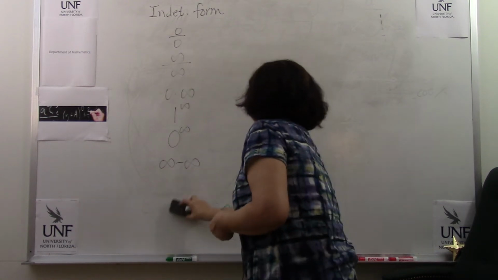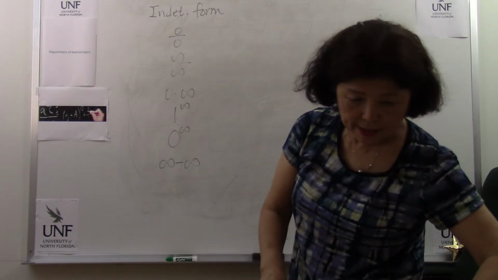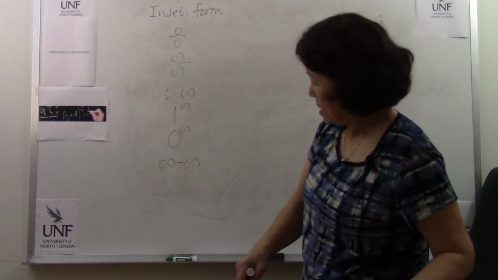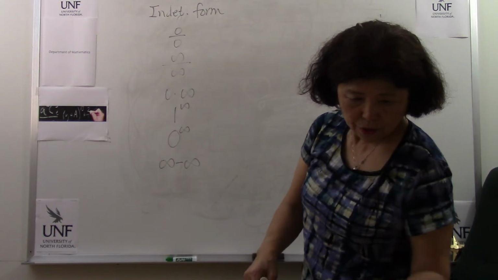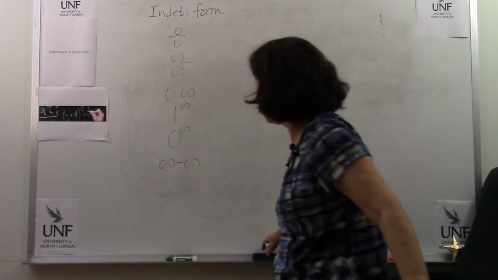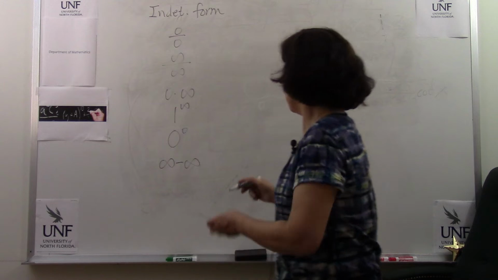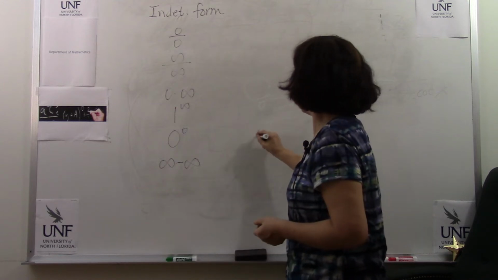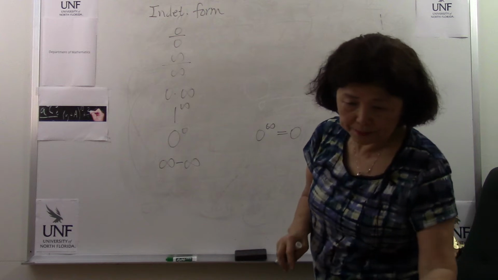Is there another thing? Let me see. 1 to the infinity. Oh, 0 to the 0 power. Yeah, I'm sorry. 0 to the 0 power. Because 0 to the infinity, oh, this is absolutely 0.